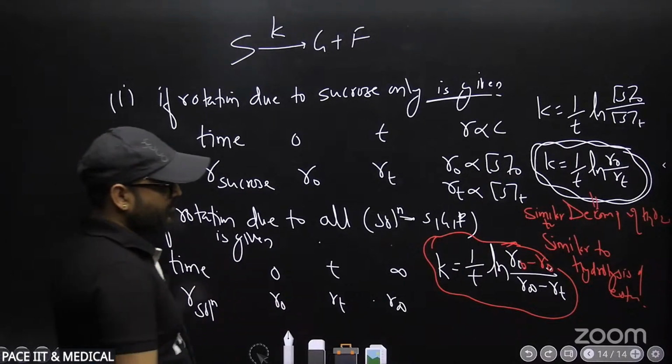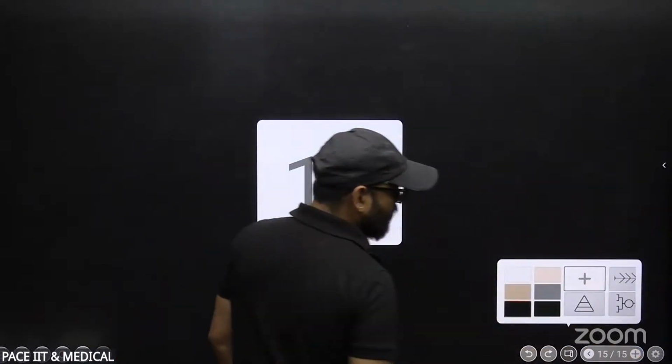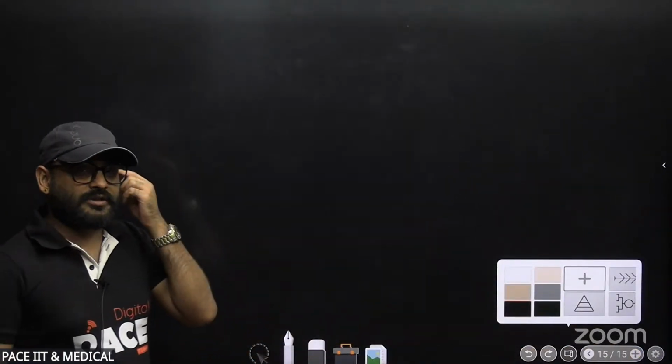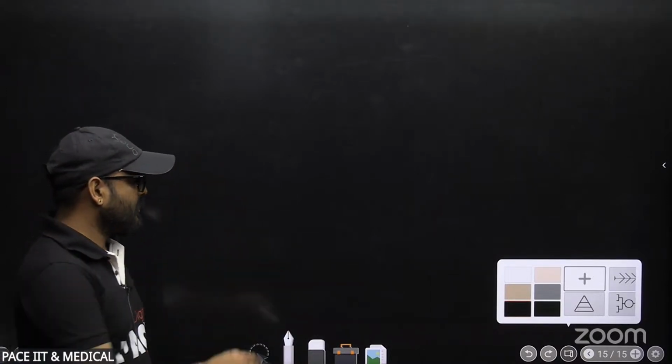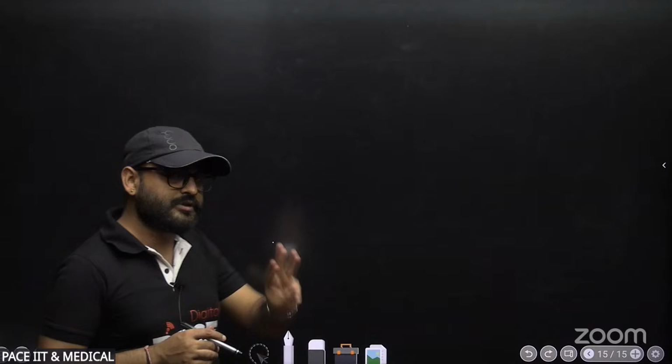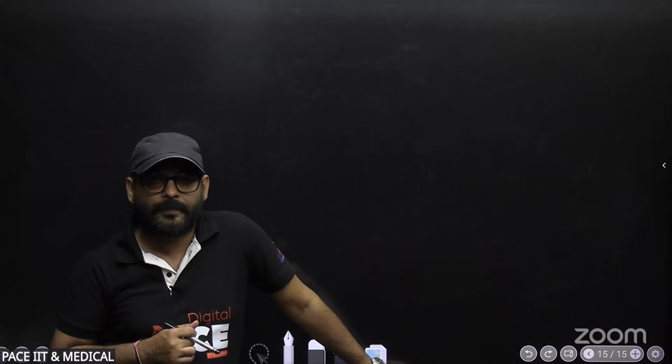Okay, this whole big section was about finding the rate constant of a first order reaction using different information. We have used 3 kinds of information: pressure related information, titration readings, and optical rotation.